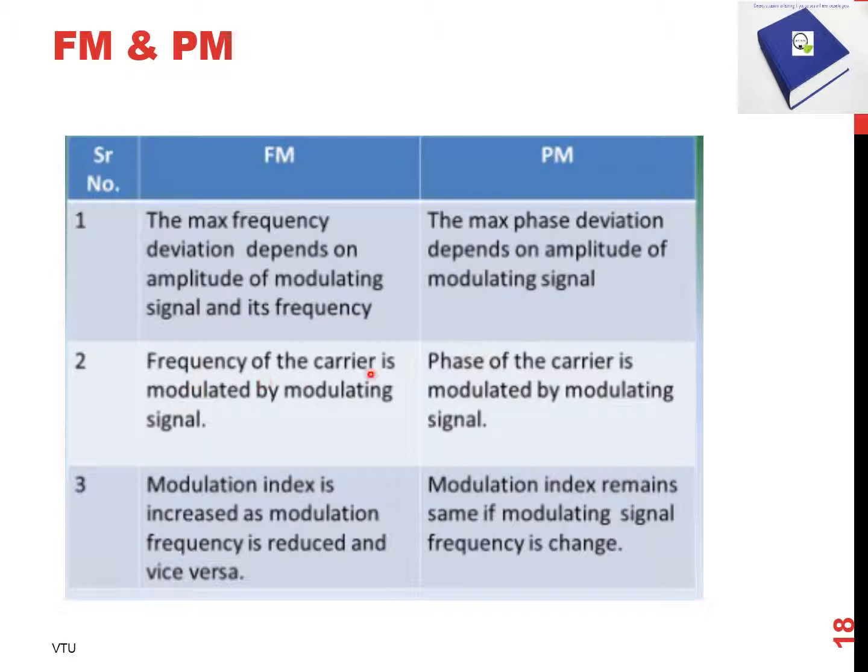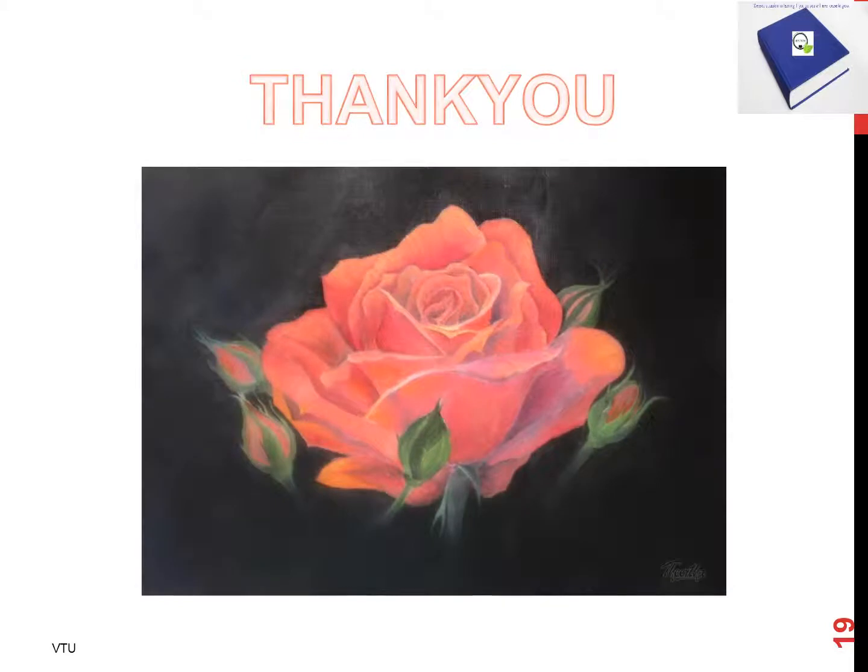In FM, the frequency of the carrier is modulated by the modulating signal; in PM, the phase of the carrier is modulated. In FM, the modulation index increases as the modulation frequency is reduced, and vice versa. In PM, the modulation index remains the same if the modulating signal frequency is changed. So these are some of the differences.